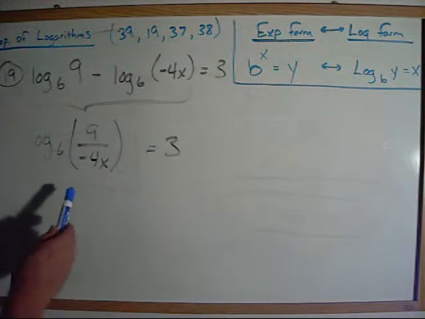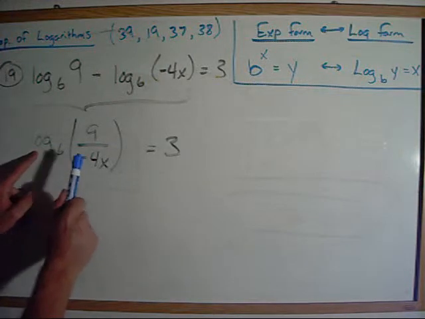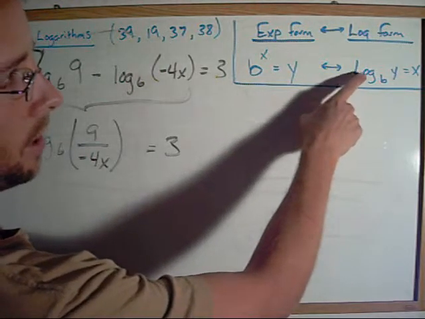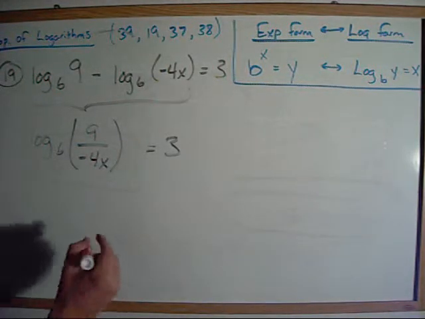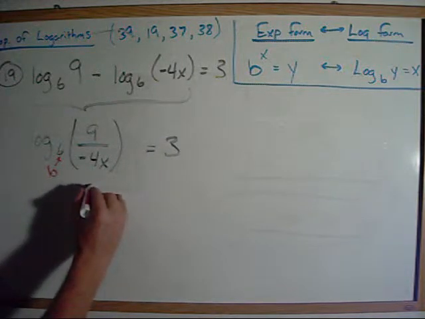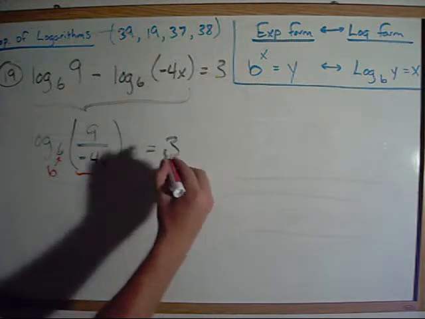So now what I have is something that's in logarithmic form. Log base 6 of some quantity equals some other quantity. I'm looking at something that looks like log base b of y equals x. So again, I'm going to replace these with letters. I'm going to write b for this, y for that, and x for this.